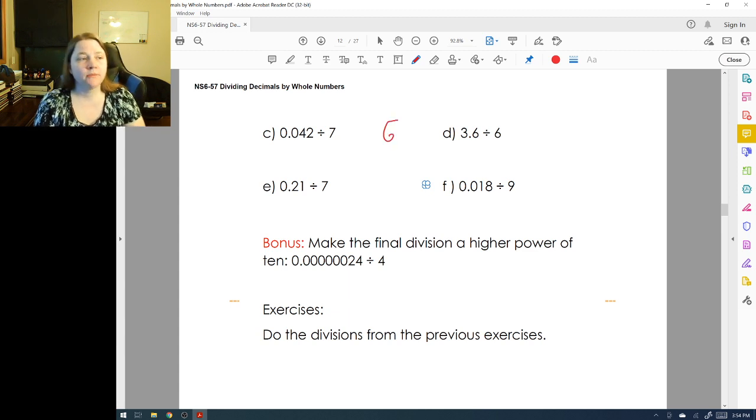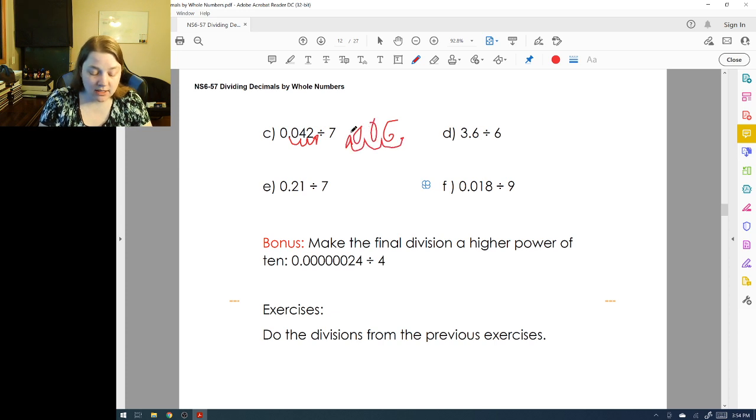I know this. But notice that this decimal, to get back to the original area, had to move 3, which means that in the number 6, I'm going to move the decimal 3 places to get an answer of 0.006.